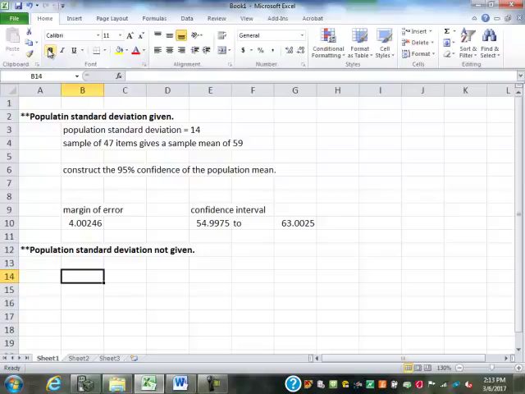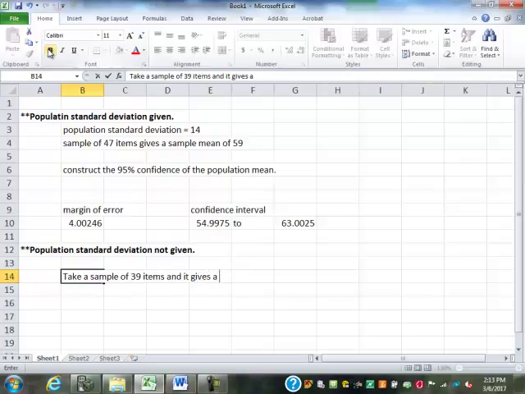So in this one, we take a sample of 39 items, and it gives a sample mean of, let's go 64, and sample standard deviation of 12.